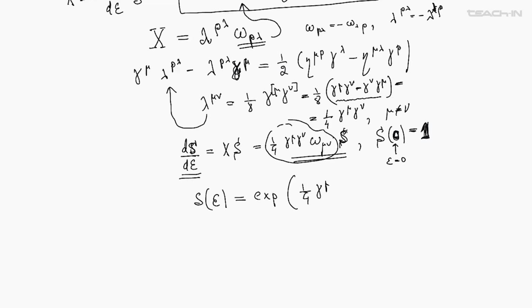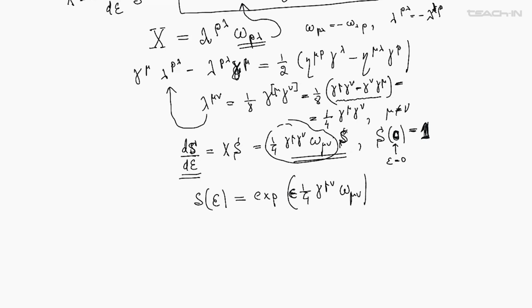If you differentiate this expression with respect to epsilon, then this matrix 1/4 gamma mu gamma nu omega mu nu comes down, and the exponential remains an exponential after differentiation, so it gives you S back, and you get exactly the differential equation above. So what is written down here is a solution.